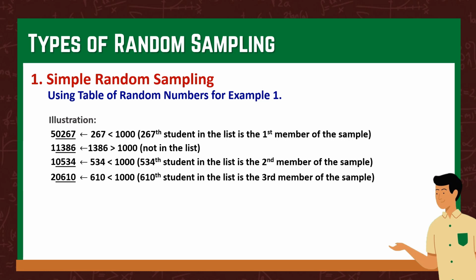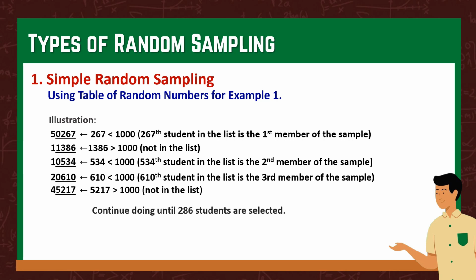Therefore, the 610th student in the list is the third member of the sample. Then we have 45217. So, the last 4 digits is 5217 and this is more than 1,000. So this is not in the list. So we're going to continue this until maabot natin ang 286 students na kailangan natin para sa sample.